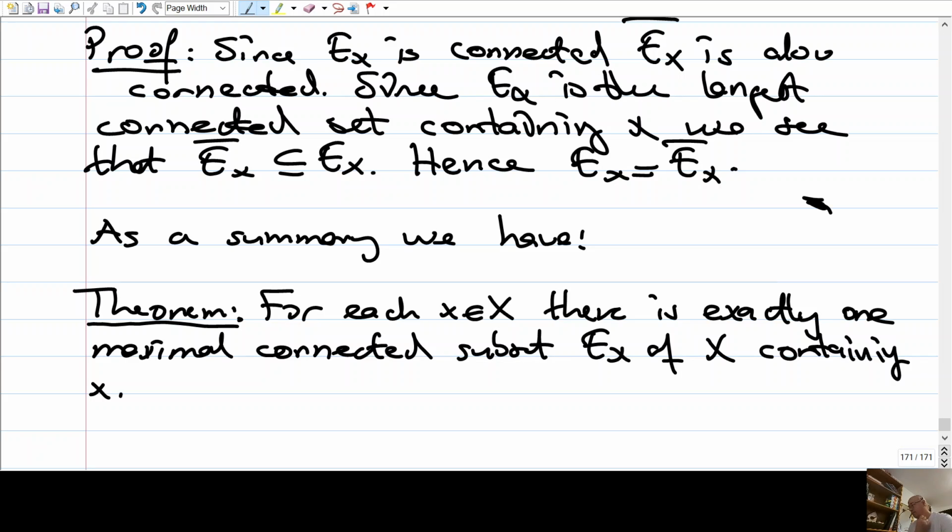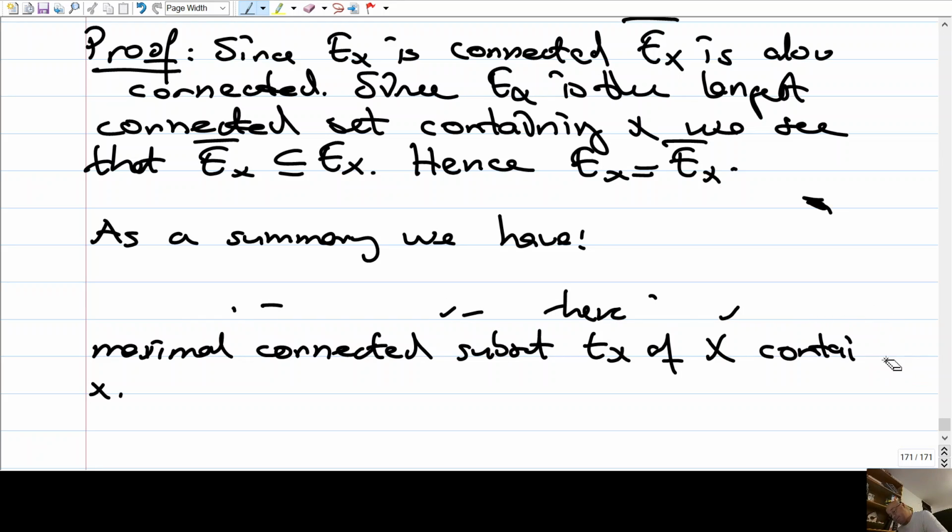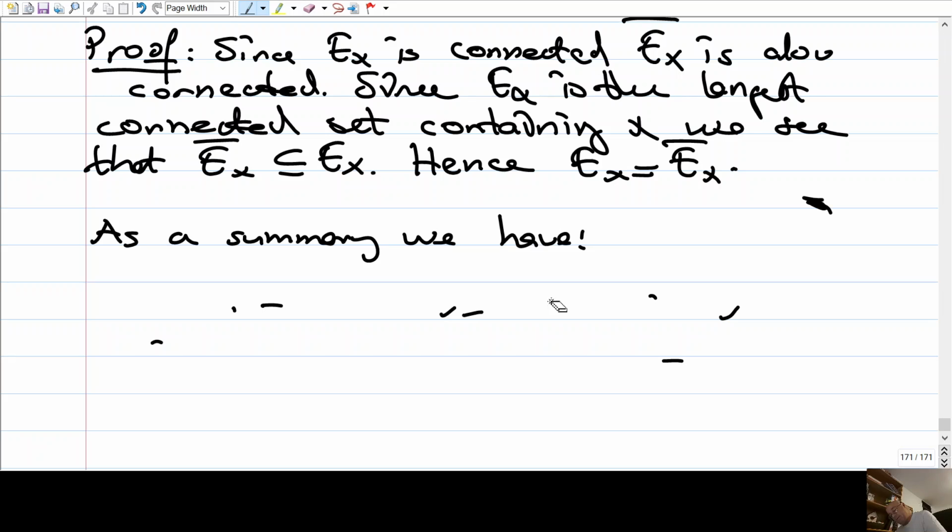Maybe let me write it this way. This EX is by construction unique, right? It is the largest connected set containing x.